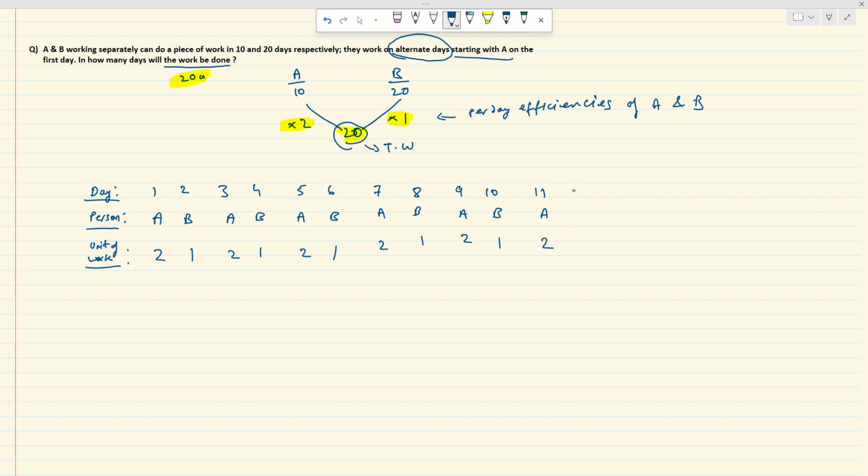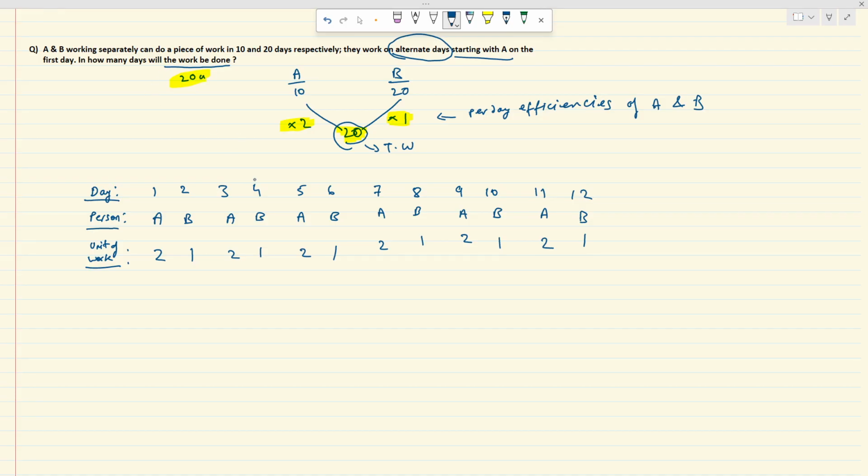On the 12th day, B completes 1 unit. That's how, 2 plus 1 plus 2 plus 1 plus 2 plus 1, units of work are being completed one by one, going close to completion of the total 20 units of work.